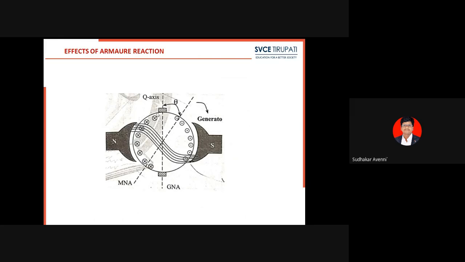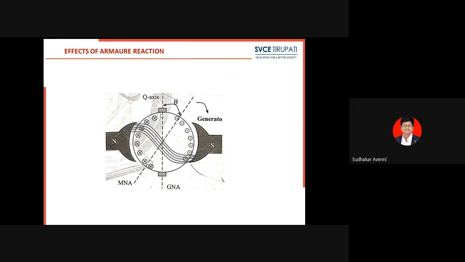When flux is there near the brush, there will be dynamically induced EMF in the brush. This induced EMF is opposite to the main induced voltage. Then the commutation is going to be delayed. Because of this, we can say that there is poor commutation.